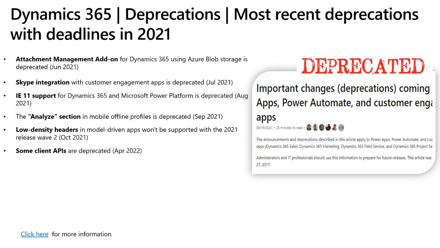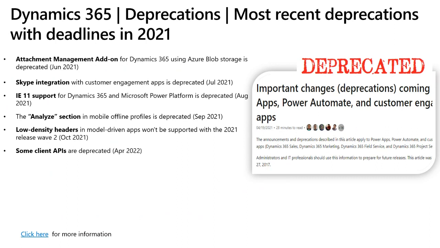Skype integration is deprecated with customer service and our customer engagement apps, and Skype for Business is deprecated itself. So we recommend moving over to Teams. IE11 support for Dynamics and Power Platform is deprecated as of August. The next one there is around the mobile offline.